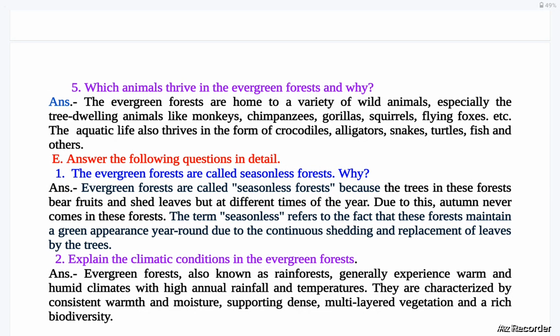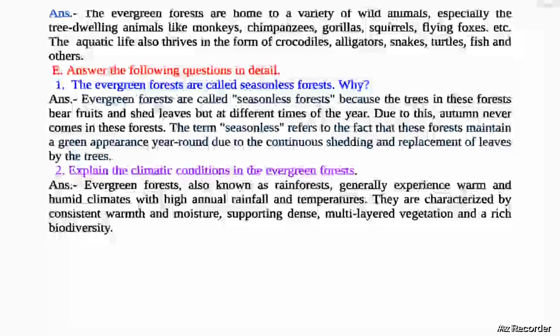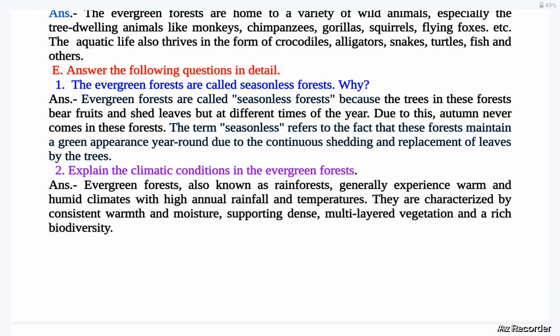Next is E. Answer the following questions in detail. So first question is the evergreen forests are called seasonless forests. Why? Answer is evergreen forests are called seasonless forests because the trees in these forests bear fruits and shed leaves but at different times of the year.